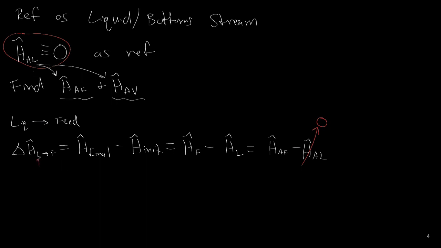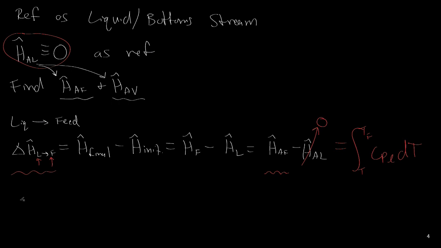So when we're keeping track of the process that we're actually undertaking, we're going from a liquid at the conditions of the L stream to a liquid at the conditions of the feed stream, which is equal to the integral from T to T feed of C sub P of the liquid dT. So what we're using here is a delta H state change to determine the actual value of this table right here.